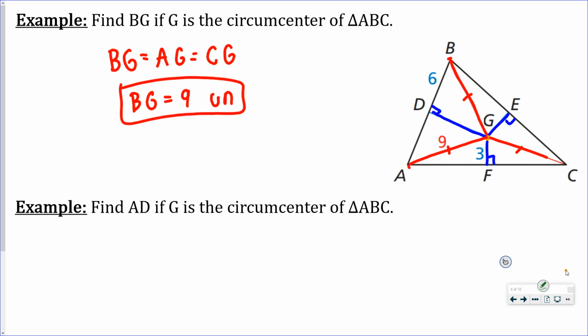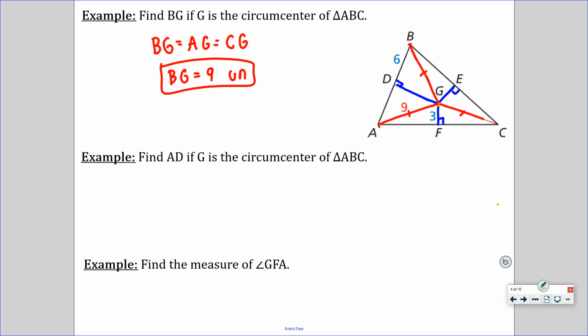All right, the next one says find AD if, again, G is the circumcenter. So AD, they're talking about this distance right here. Now here's where I need to know what the vocab of a circumcenter means. It's a perpendicular bisector of that side, meaning it splits that in half.